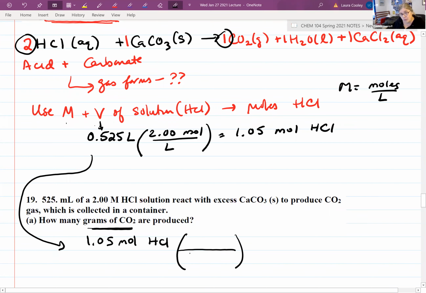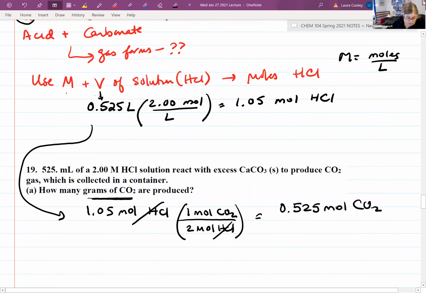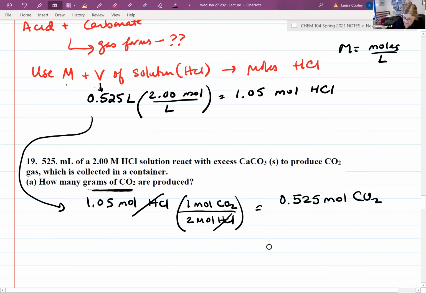We want to end up with the moles of CO2. And so moles of HCl cancels, and we're just dividing by 2. So we have 0.525 moles, but we need the grams.